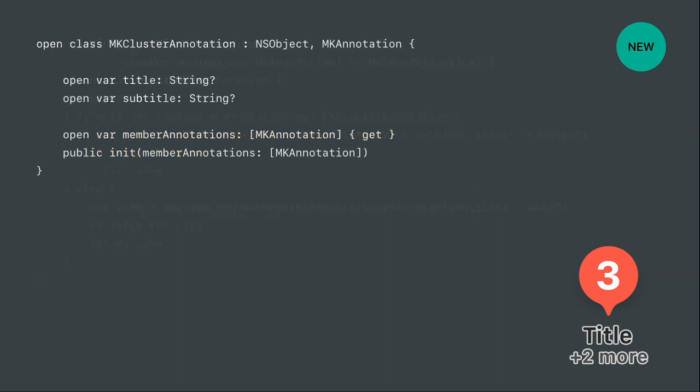The cluster annotation is a simple, concrete class of the annotation protocol. It provides you an array of all the member annotations. It's a flat array, so we guarantee that there will be no clusters within clusters within clusters. It's a flat array of all the annotations that it's currently representing, and only those.